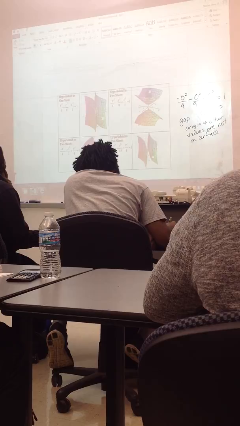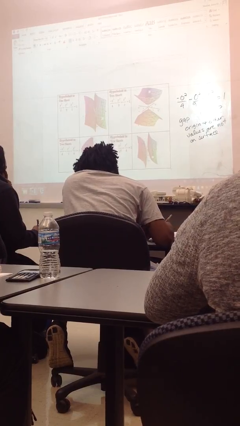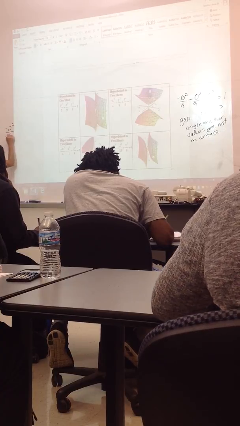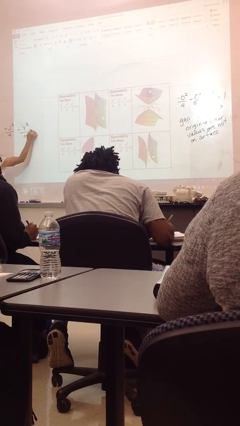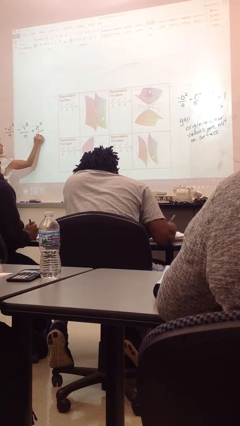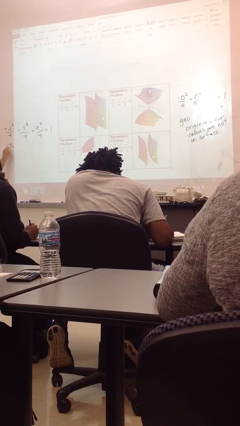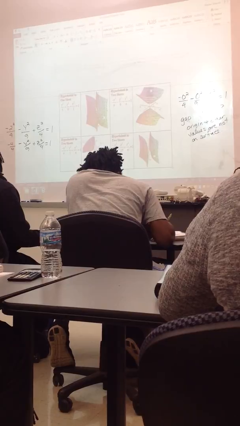If I make x equal to 2, I'm going to plug 2 in for x. So I get minus 4 over 4 minus y squared over 9 plus z squared over 4 equals 1.